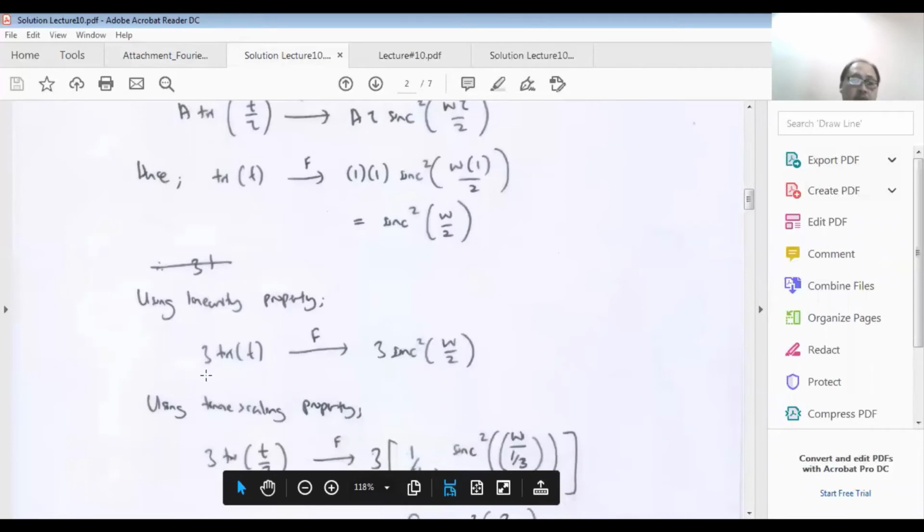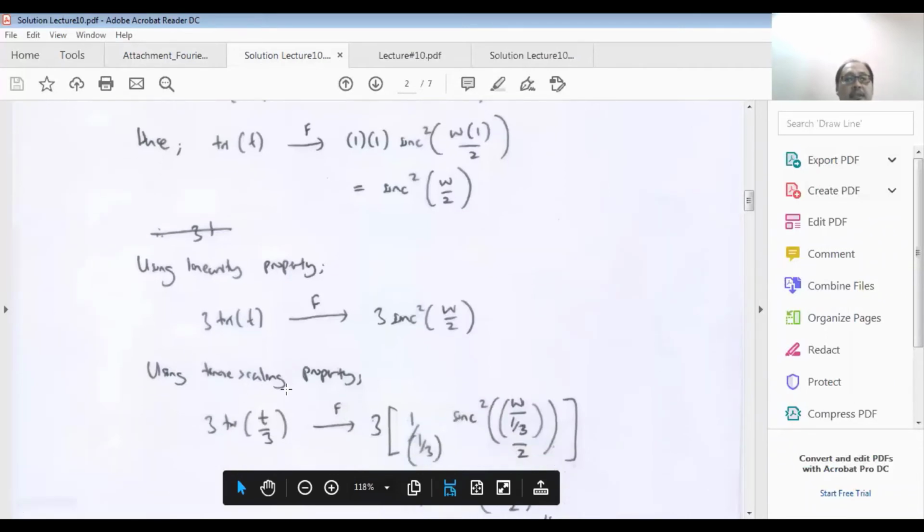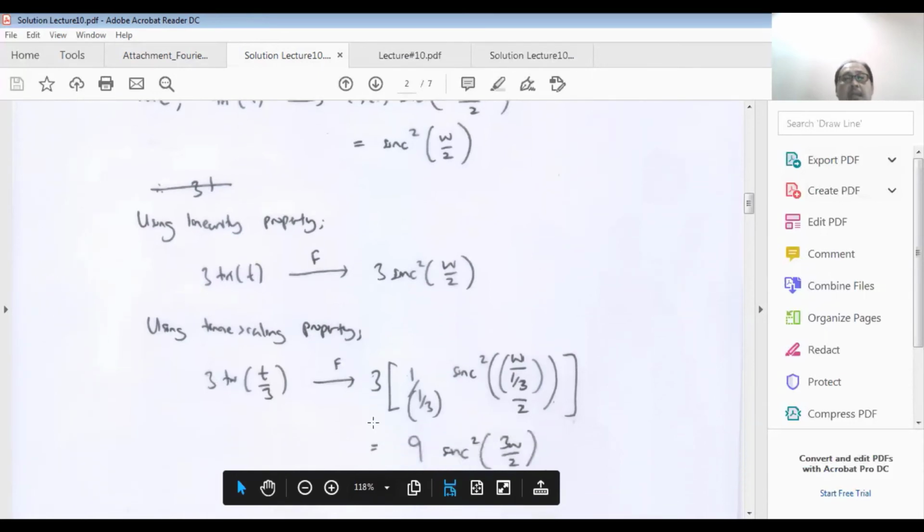The second property to be used is time scale. We have 3 triangular T over 3, so the Fourier transform is written as 3 times 1 divided by 1 over 3, because the time scale constant is 1 over 3.